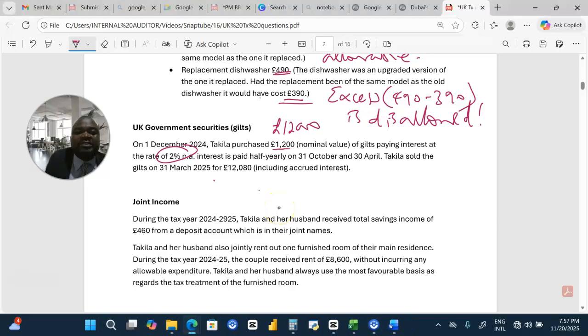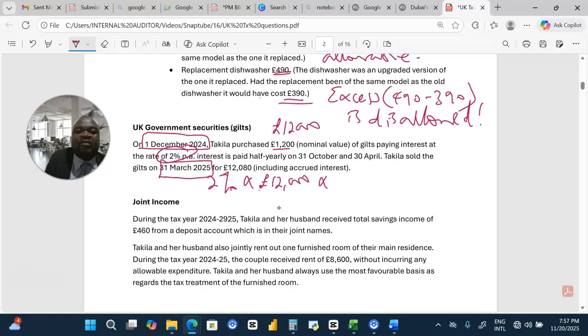So the rate is 2% on the nominal value. The nominal value is 12,000 multiplied by the tenure of the securities. They purchased the securities on the 1st of December, and they sold them on the 31st of March.